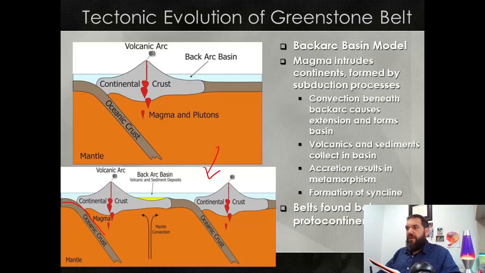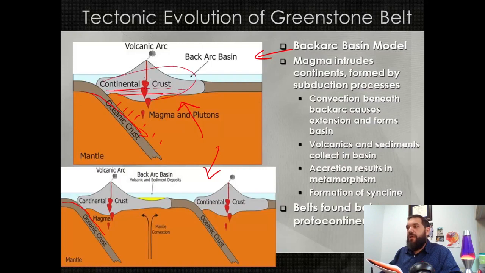This top picture would work too, either one. There's flux melting going on here. What causes the flux melting? It's the water entering the mantle and lowering the mantle's melting temperature. That creates basaltic magmatism, partial melting. That in turn creates partial melting of basalt, which erupts the andesite and diorite here.